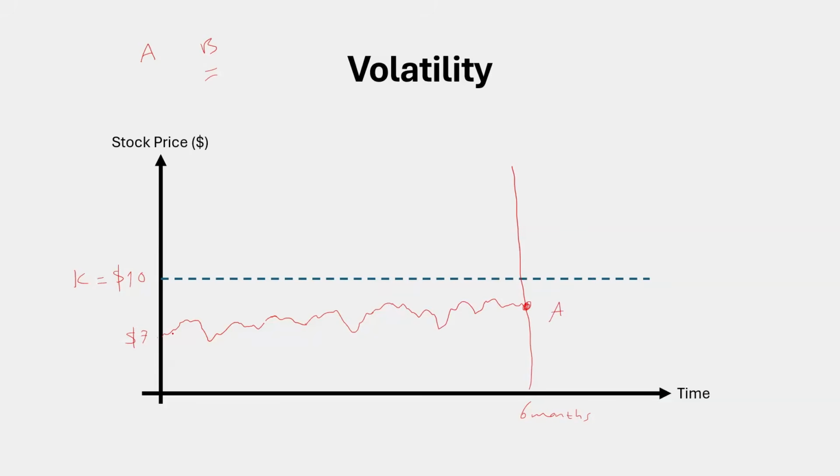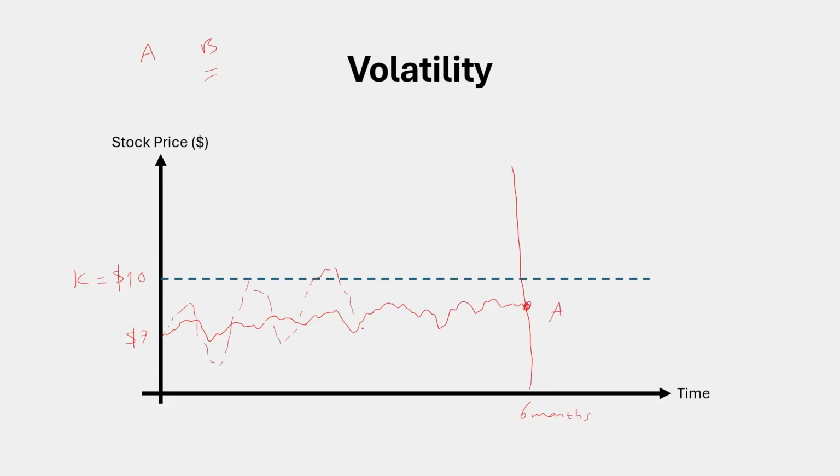Now stock B is more volatile. This simply means that the swings in the stock price will be more amplified, both ways, up and down. So let's say B also starts here, but we have movements like this.